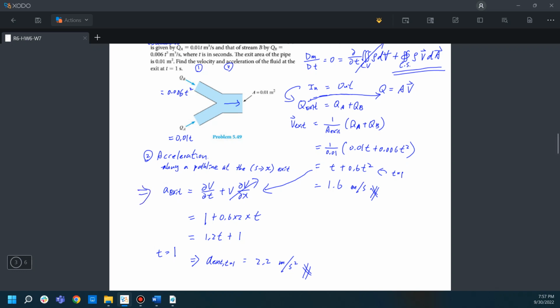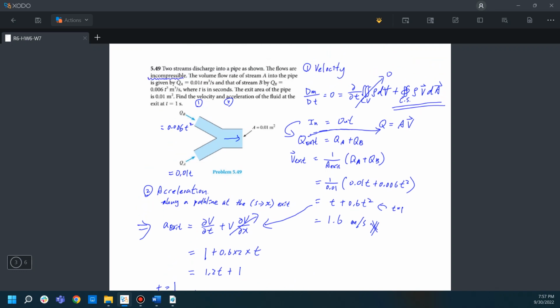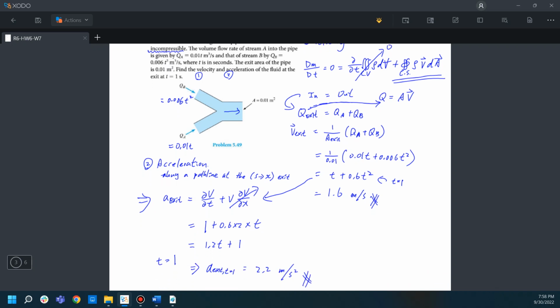And because this is incompressible and the velocity only varies with time, not the position, according to the equation that we solved in part 1, as you can see, the velocity only varies with the time, not the location. So basically, when you take the partial derivative with respect to x, it will equal 0.